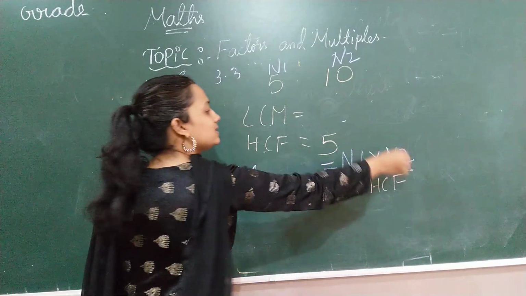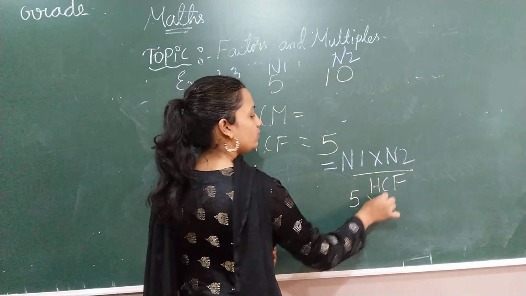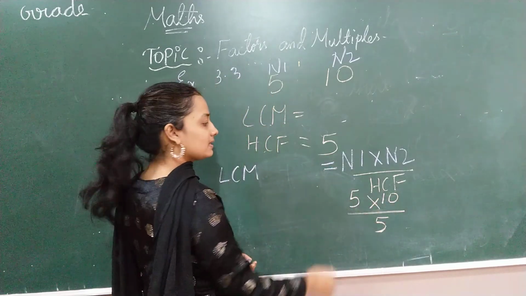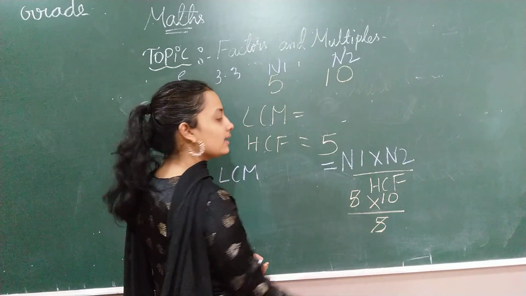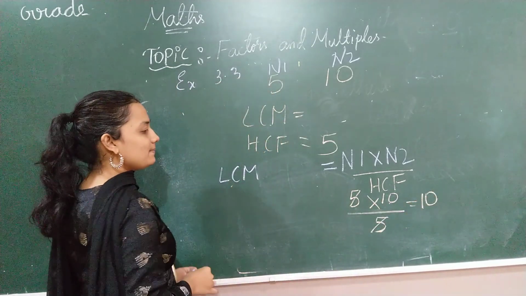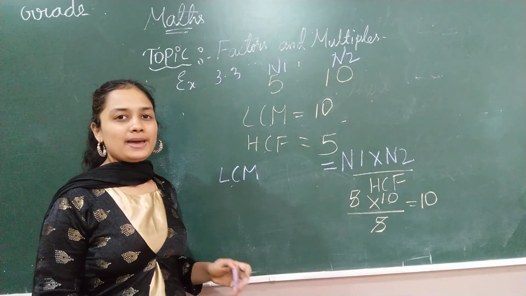So I know all these numbers now. I have N1 into N2 divided by HCF. So I cancel this 2. What is the answer here? 10. So what is my LCM? LCM is 10. See, I got my answer back.